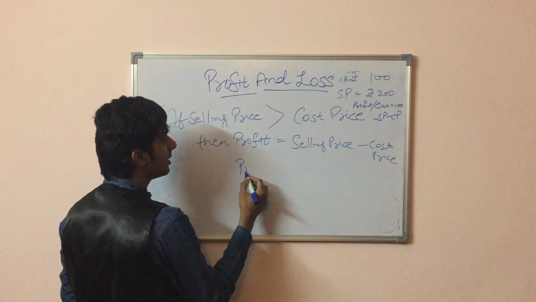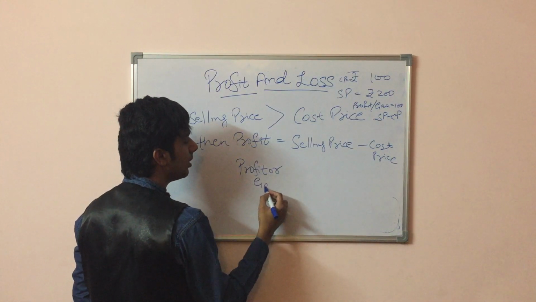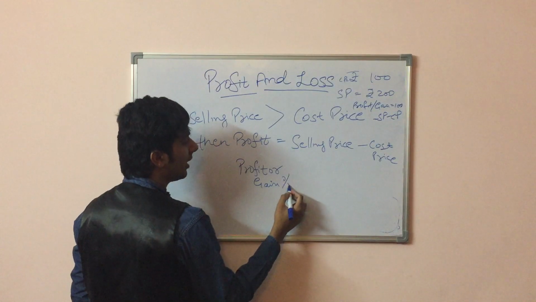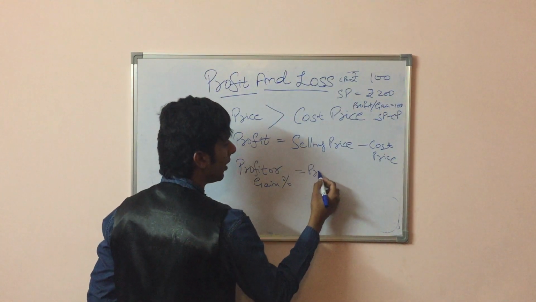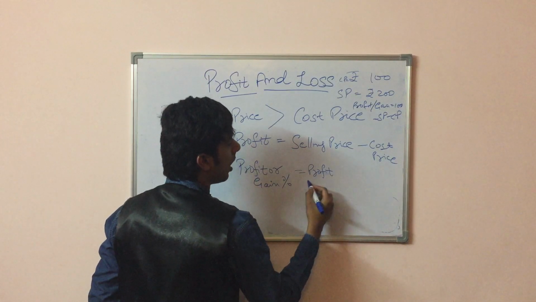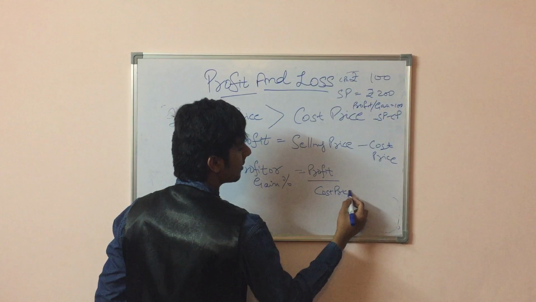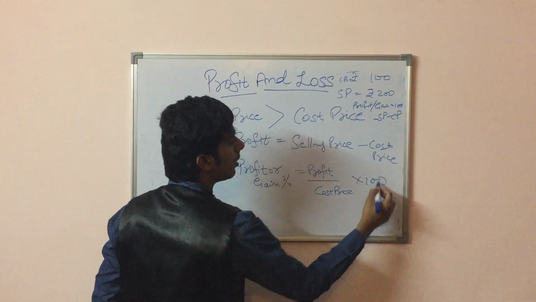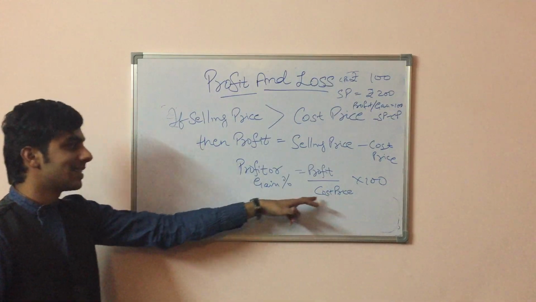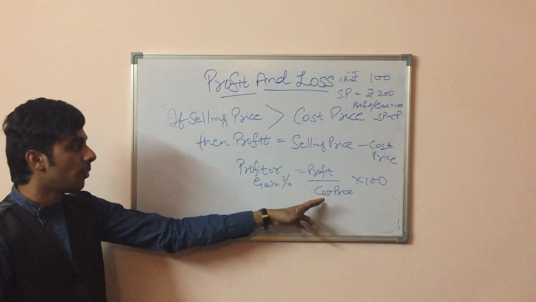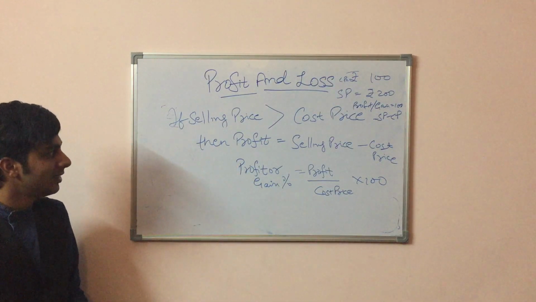And profit or gain percent, you can say profit and gain percent is equals to profit upon CP, that is cost price, into 100, right? We should always take cost price as a base. So profit upon cost price into 100 will give you a profit percent, right?